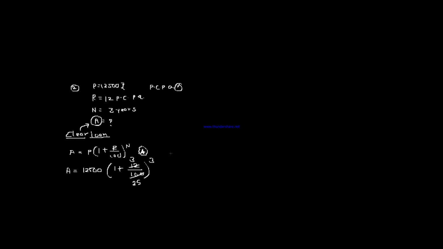Okay, so now what is your A? A is 12500 into 1 plus 3 upon 25, whole cube. Now there is no further scope to simplify the fraction, so we will assume the 1 here and do the cross multiplication.